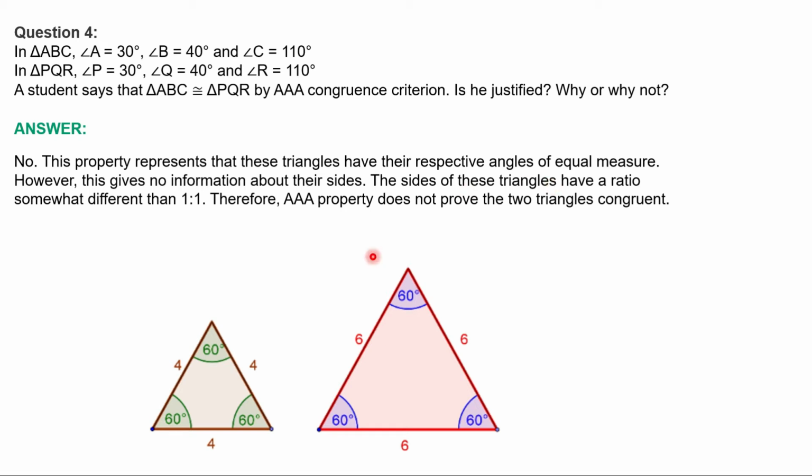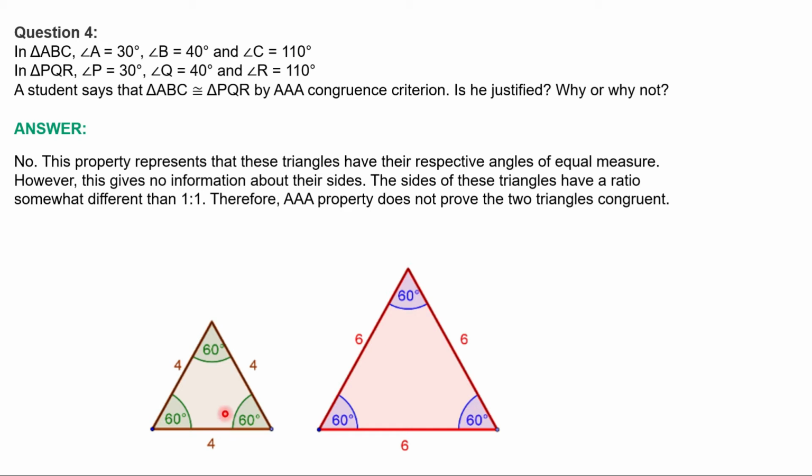Here we have all angles equal to 60 degrees, and here also all angles are equal to 60 degrees, but their sides are not equal. These sides are 4, 4, 4 and this side is 6, 6, 6, and here we can see that still the angles are equal, but the triangles are not congruent, or we can say that they do not superpose each other.